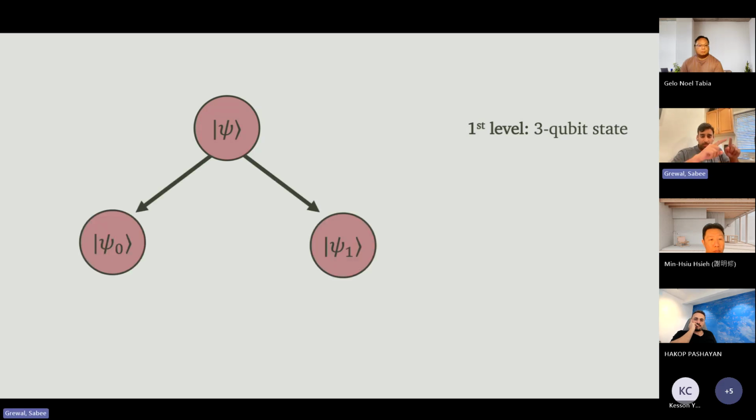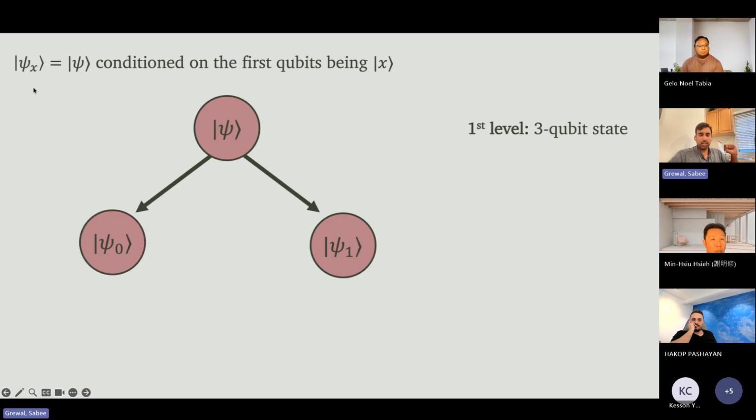Its two children are going to be the states psi_0 and psi_1. I'm going to introduce some notation here: psi_x is just the state psi conditioned on the first qubit being in the state x. So psi_0 is psi conditioned on the first qubit being 0, and psi_1 is psi conditioned on the first qubit being 1.